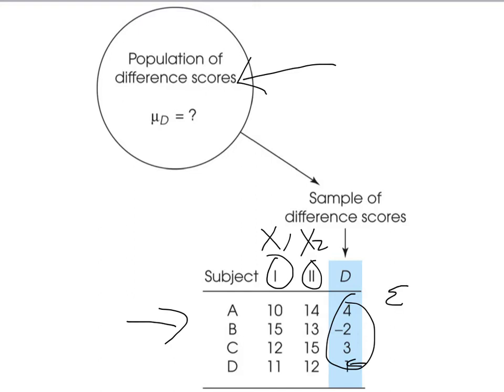So the sum of the difference scores equals 6, and the mean difference would be 6 divided by 4, which is 1.5. We'll give more examples of these, but that's basically the way the data are collected, the way the data are set up, and the way the differences are computed.